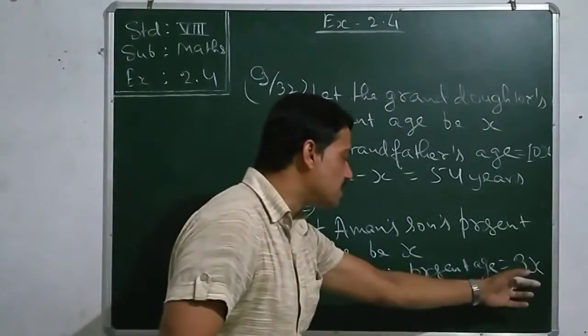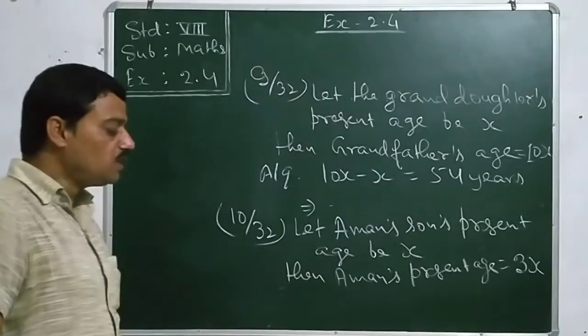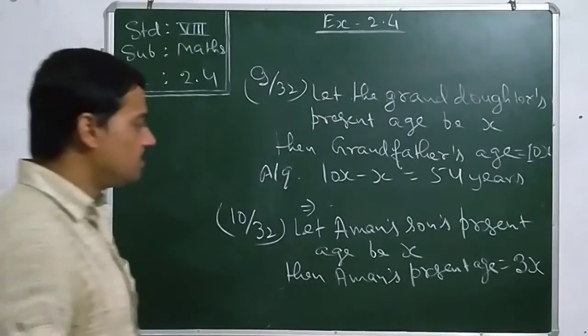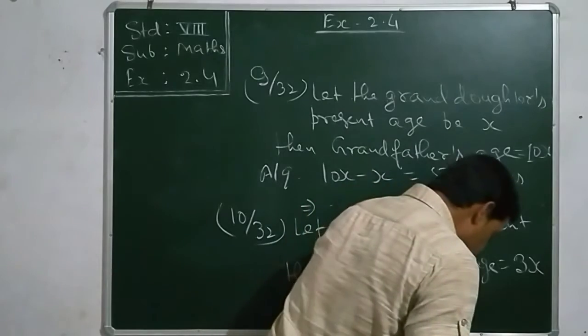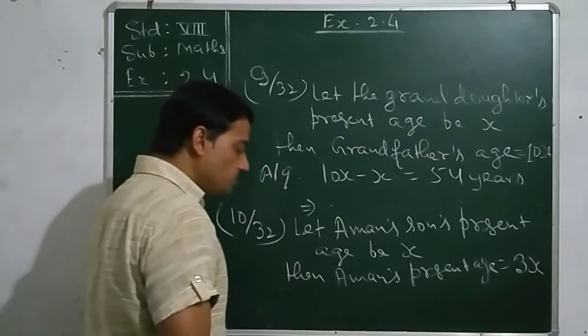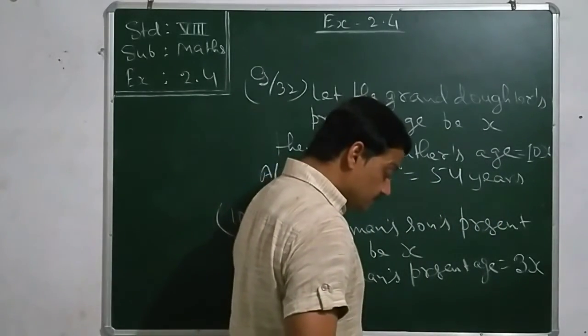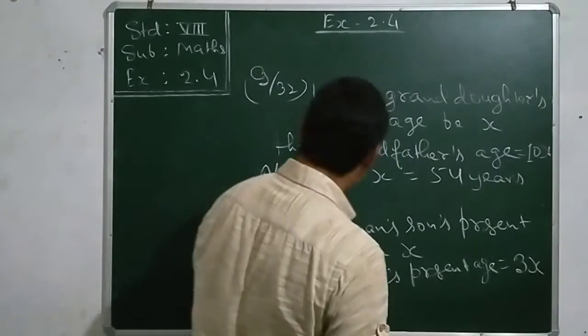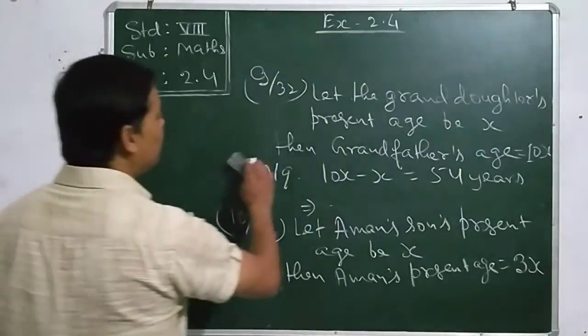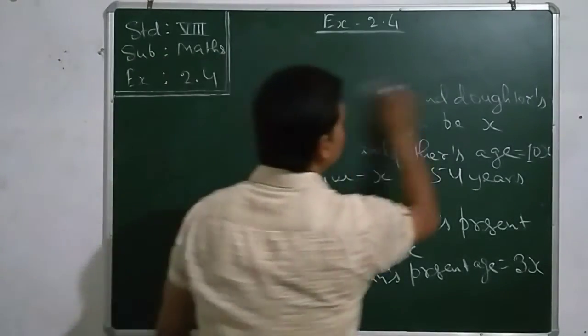The 3x minus 10, this will also be the period of 10 years back. 10 years ago, Aman was 5 times. So the final equation we will set.